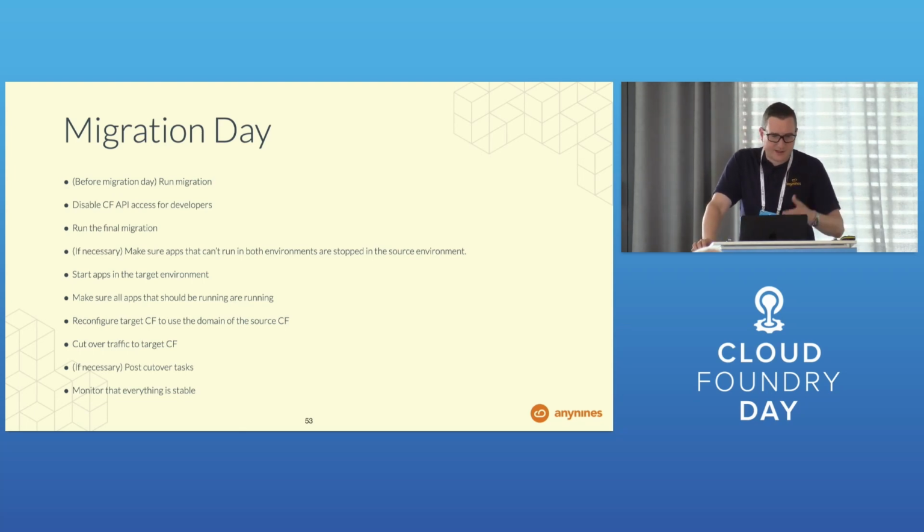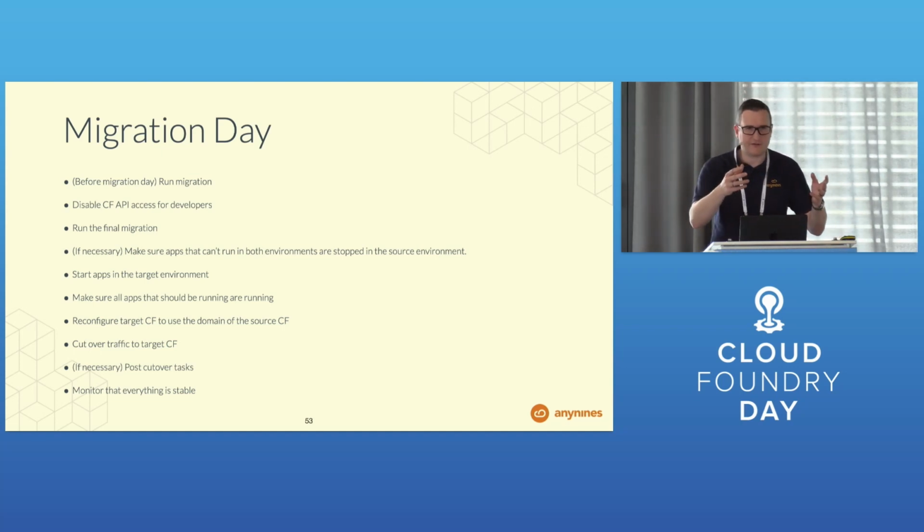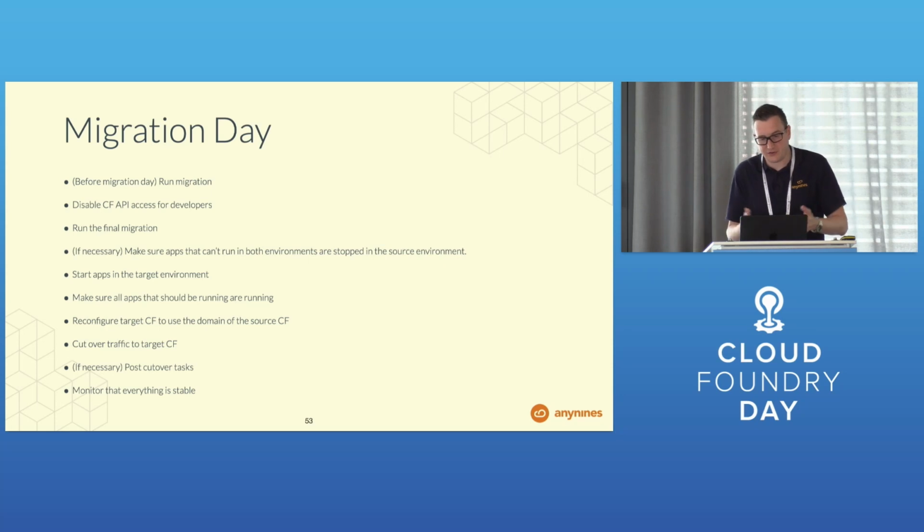You start apps in the target environment, make sure that they're all running, which again, it's very helpful to have some kind of monitoring that the workload is still there. If you had just developers pushing to Cloud Foundry with no monitoring, well, how could you know that everything is up and running as expected?